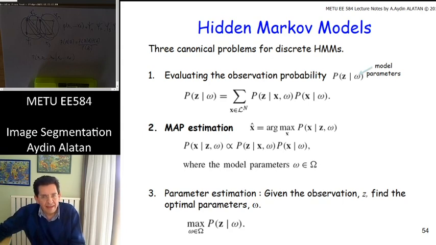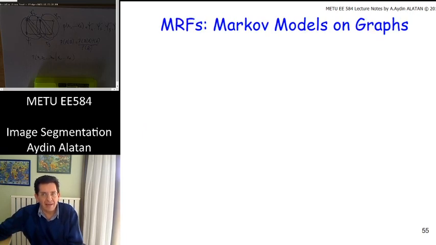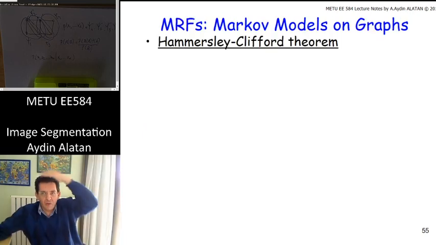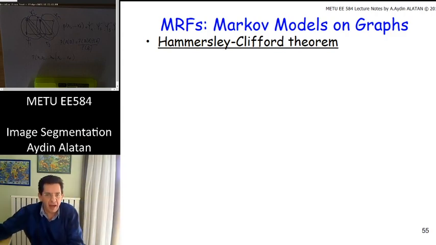And then this is how you do it, because if you know these probabilities using maximum likelihood estimation, you can say that if I'm observing this pixel red, this pixel red, this pixel yellow, this should be due to these parameter sets that jointly maximize this problem. This is our hidden Markov models, and now let's see how we obtain these Markov models on graphs.